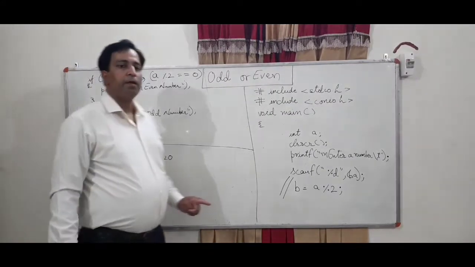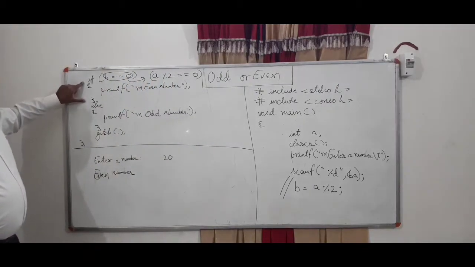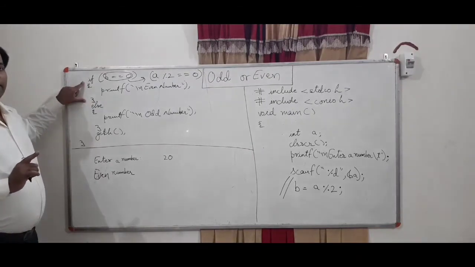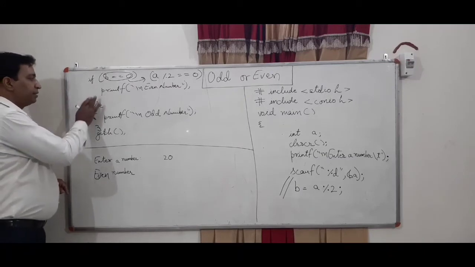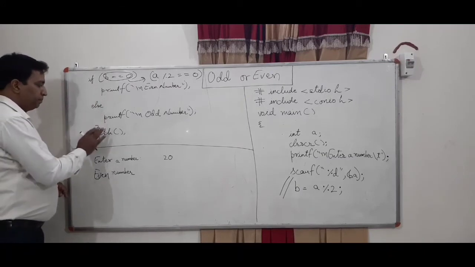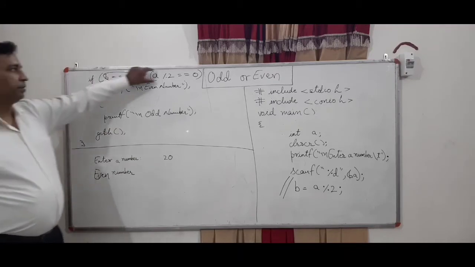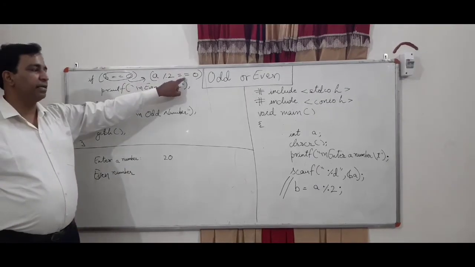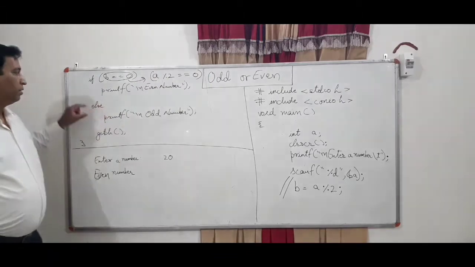One more thing. We are using if else here with curly brackets. When we have only one statement to run, right? In that case, we need not have these curly brackets. These can be removed. So after this if statement, in the next line we can have the printf statement as per whatever expression we have given, right?